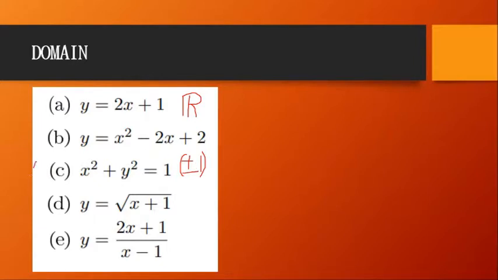But again, please take note that letter C is not a function because this is an equation for a circle. Okay? For letter D, we proved that we can use negative 1 and all positive numbers up to positive infinity. So in case gamitin nyo yung ibang negative numbers, it will result to an imaginary number.